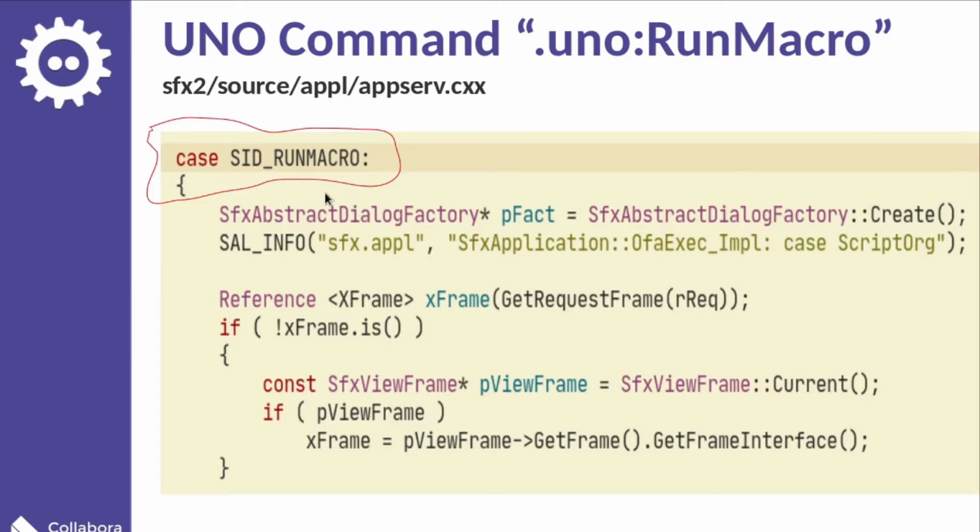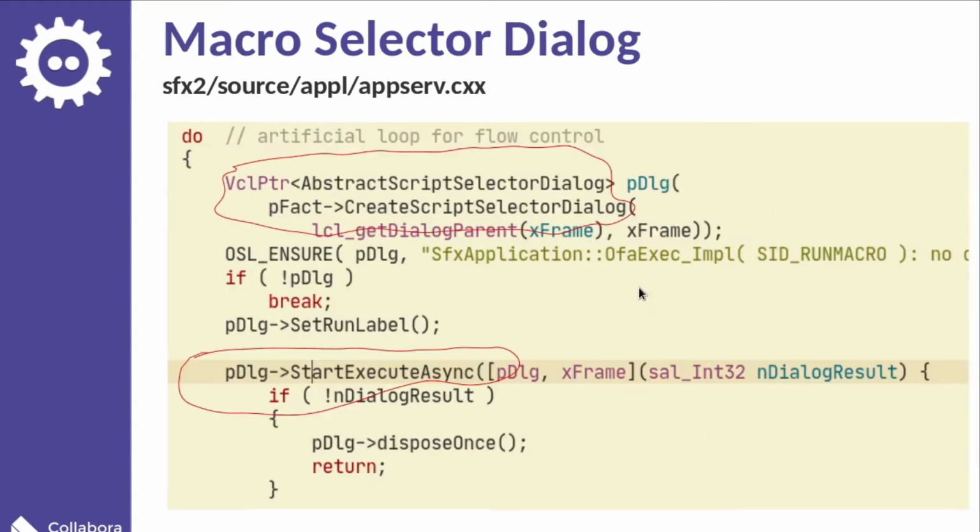Here is the source code of the run macro. There is the path of the source code, and the entry point where it is executed. And if you scroll a little bit, you will see how the macro selector dialog is created and executed.